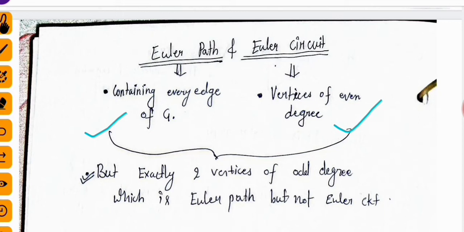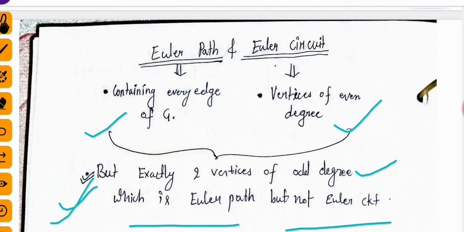But if exactly two vertices are of odd degree, that is an Euler path but not your Euler circuit. This is the point to remember, and a very important point for the Euler path and Euler circuit.